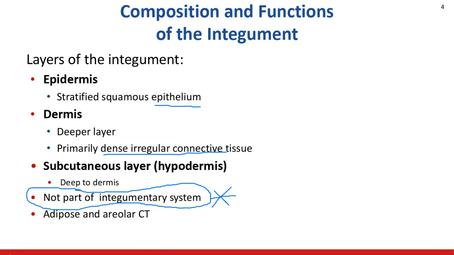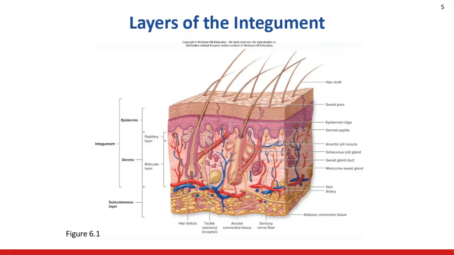And then finally, below the dermis is the subcutaneous layer, the hypodermis, which is not a part of the integumentary system. It's made up of 2 types of loose connective tissue: adipose, which is fat, and then areolar, which is another type of loose connective tissue, highly vascularized.